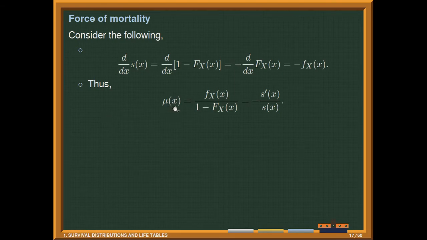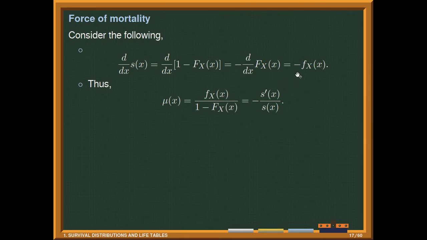So the force of mortality, which we define this way, is the same as the negative of the derivative of the survival function of x all over the survival function of x, since the PDF is equal to the negative of the derivative of the survival function, and the denominator here is the survival function. So that is the force of mortality in terms of the survival function of x.